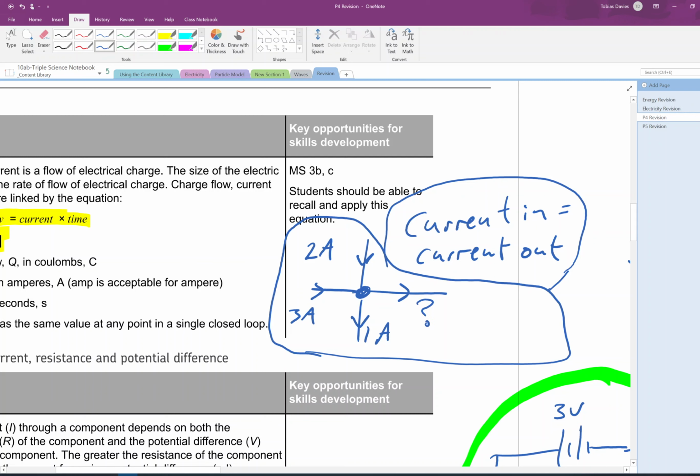In total I've got 5 amps going in, so I've got to have 5 amps coming out, and that's down to something called charge conservation, that those charges can't just magically disappear. So we've got a current of 5 amps in total. If I take away that 1 amp, then I find that I've got 4 amps in this branch of the circuit.